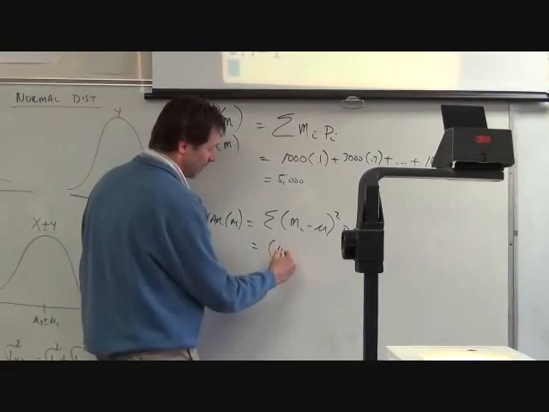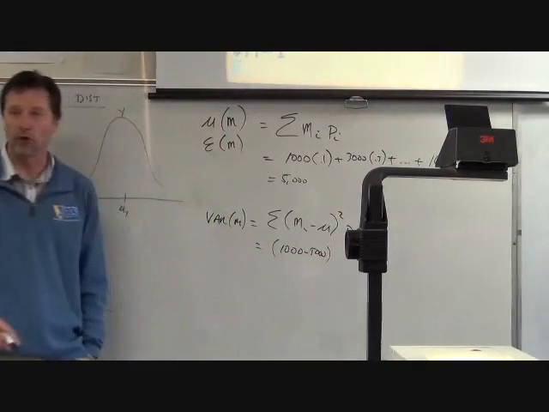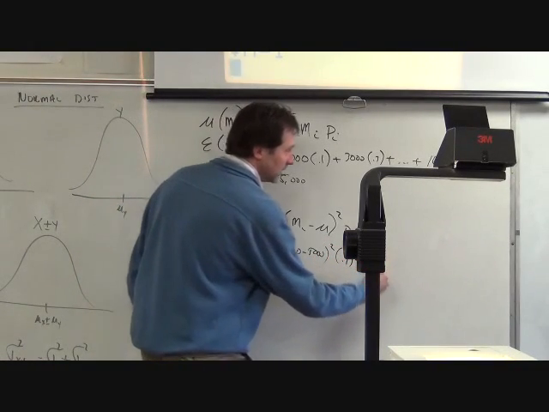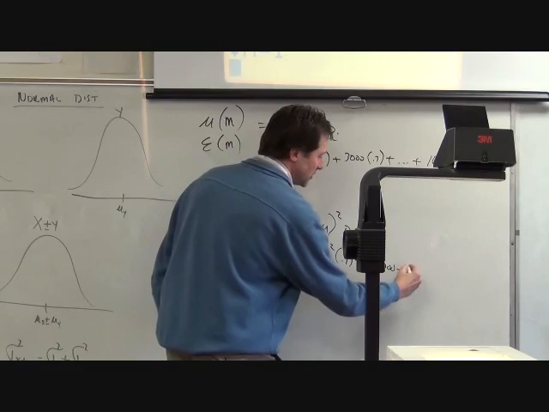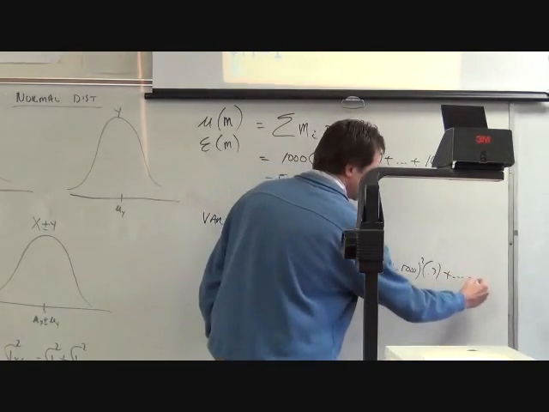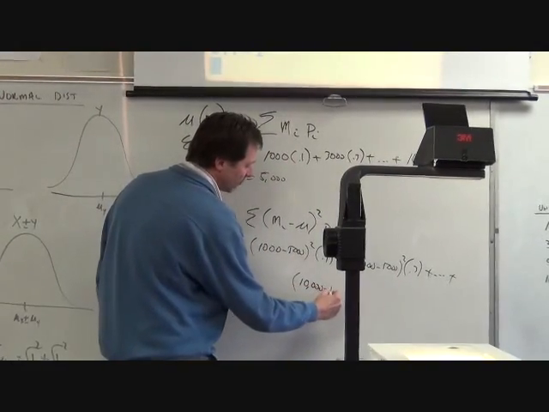So I might have a big difference, a 4,000 unit difference, but that's only going to happen about 10% of the time. Plus, I might have a 2,000 difference. That's going to happen 30% of the time. Or I might have a 5,000 difference.